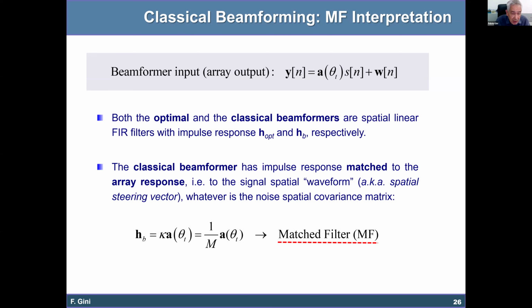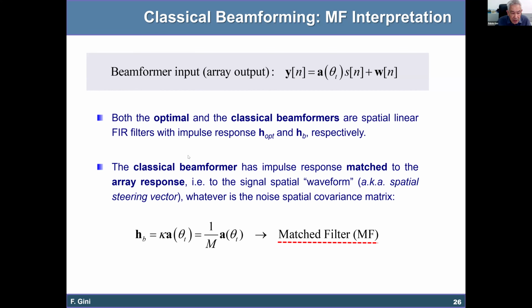But for the time being, we can say that we know how to design the classical beamformer, and we know how to design the optimal clairvoyant beamformer, which is optimal both from the point of view of the minimization of the mean square error and the maximization of the array gain, or maximization of the signal-to-noise ratio at the output. What is the relationship between the two? It's important to understand the relationship.